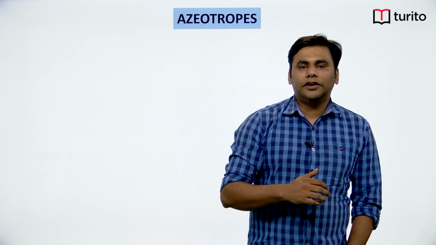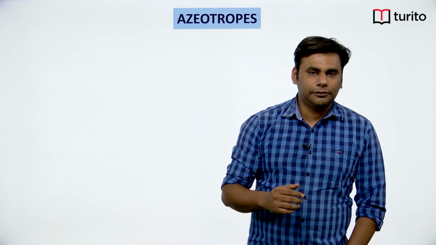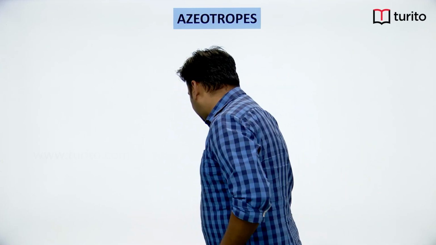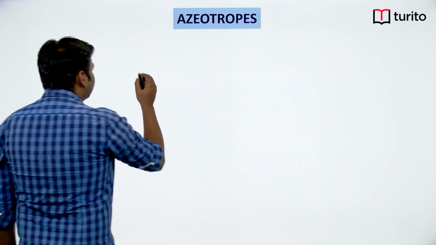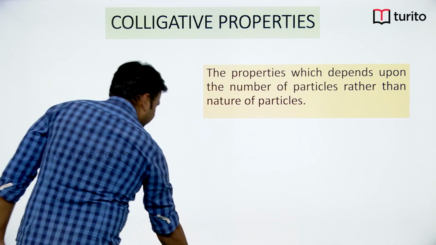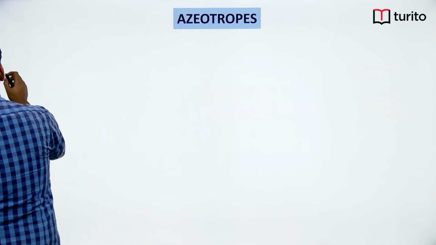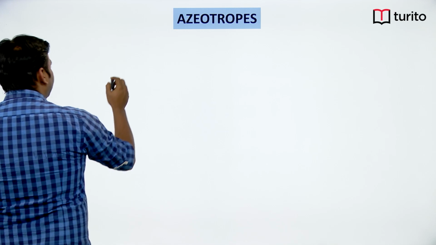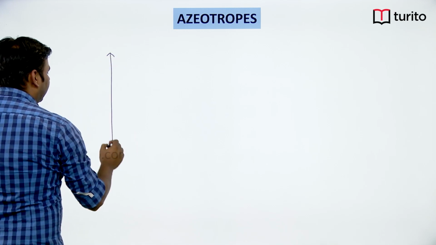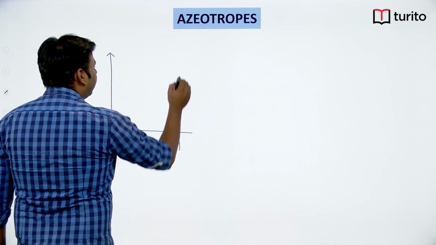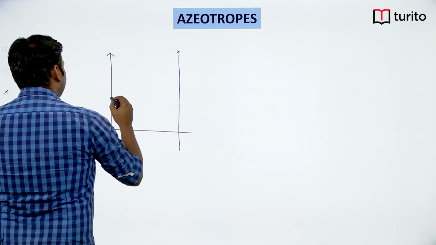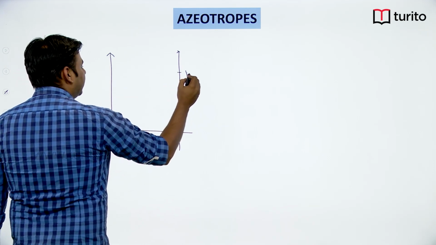In the positive deviation from Raoult's law there was a pressure maxima. I hope you remember the graph, so I will show you a rough sketch of it. The positive deviation graph would look something like this.